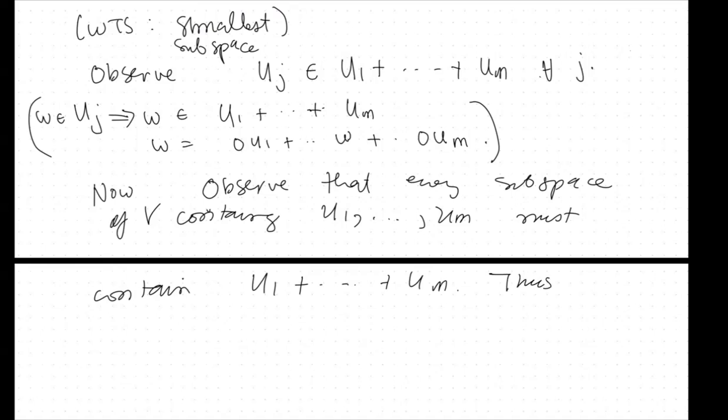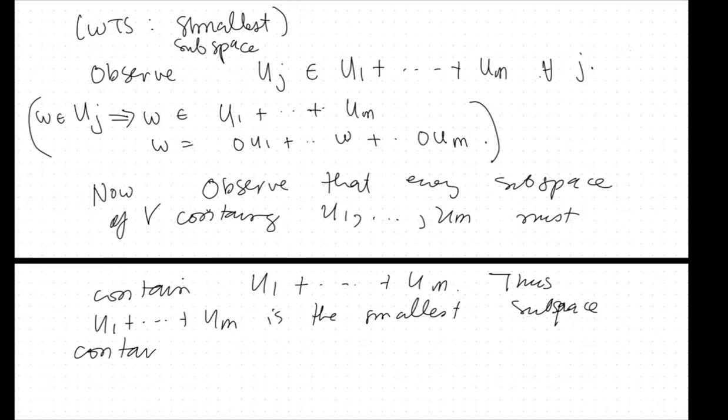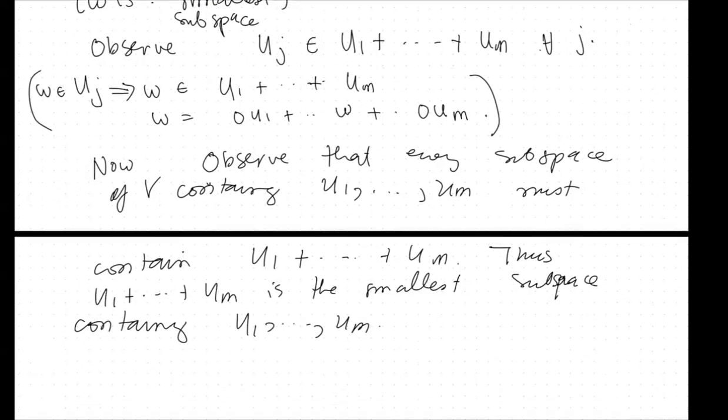Thus, we get that U1 plus ... plus Um is the smallest subspace containing these U1 to Um subspaces. So this ends the proof.